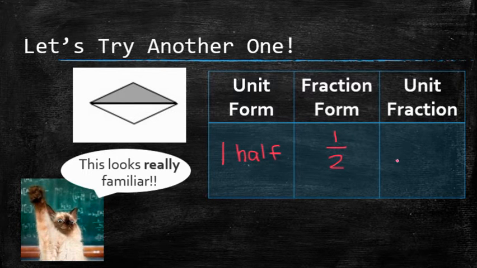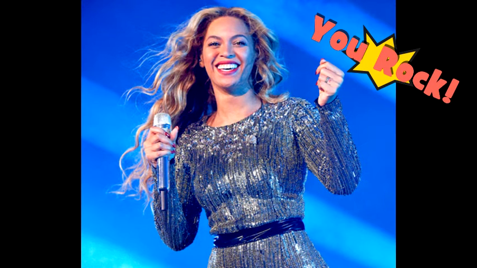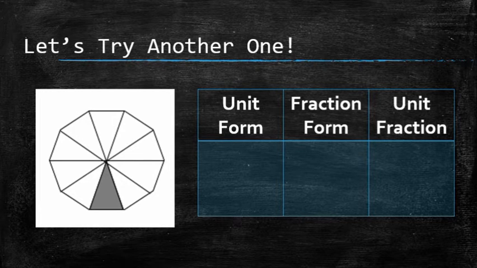And then of course the unit fraction, we're talking about 1 unit, would be 1/2. Okay, we know each of these, I'm going to try to write really small here, is worth 1/2, isn't it? Okay, let's try another one.